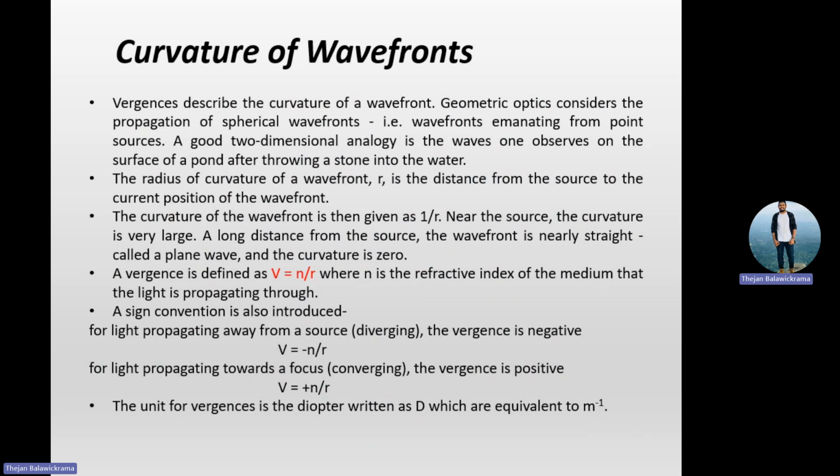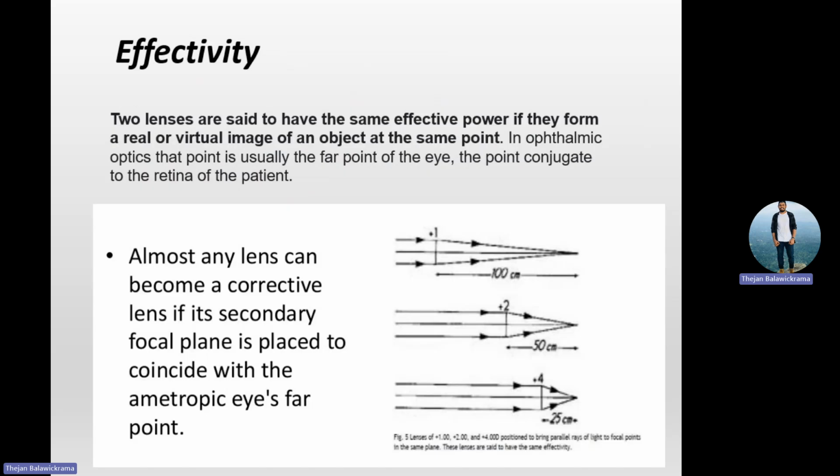So here we are talking about phase, light rays, and another new word, effectivity. I have given that two lenses are said to have the same effective power if they form a real or virtual image of an object at the same point.